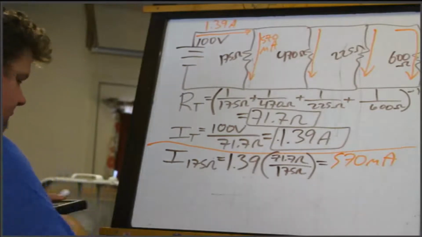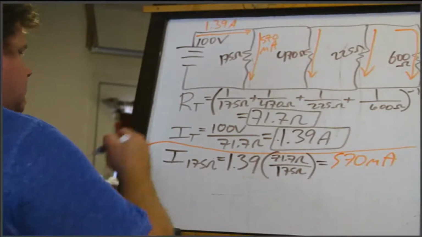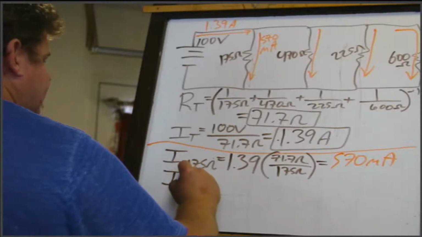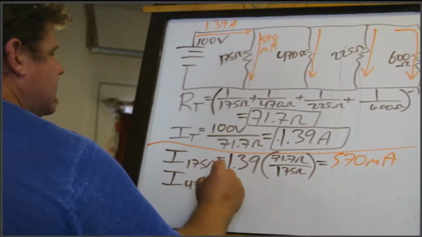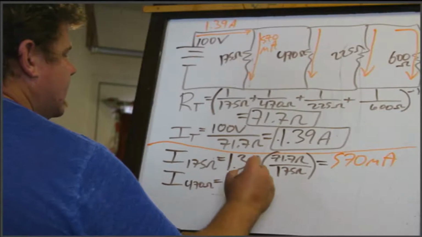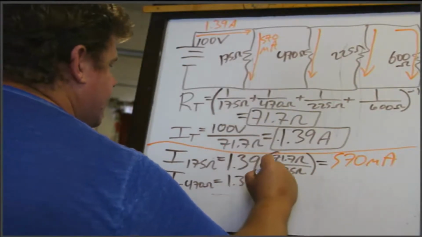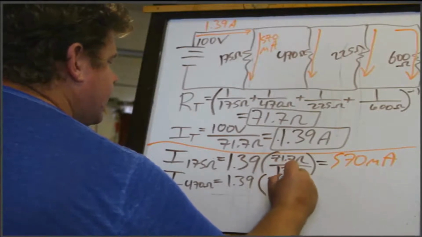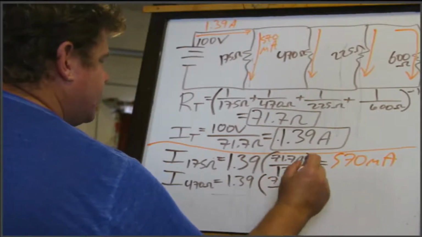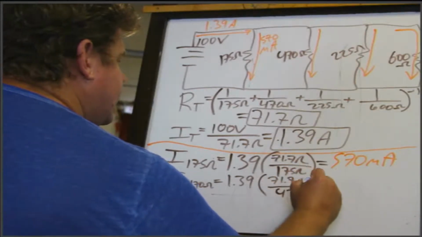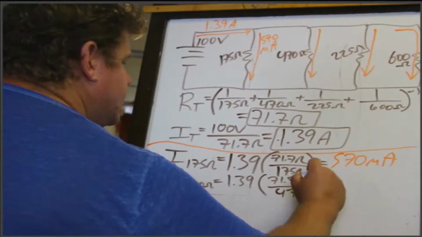On to the next one. So now this one is the 470. I'm just going to go left to right. And the answers are in the comments. Steve has left them in numerical order, if you want to check yours against his. I don't know if his are right yet. So now this is 470 ohms underneath here.